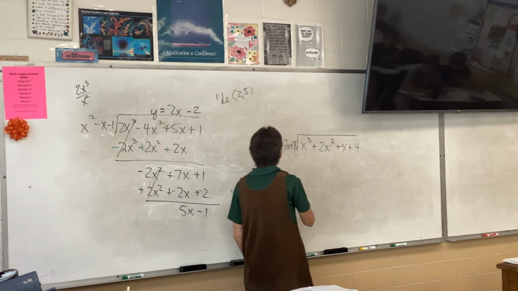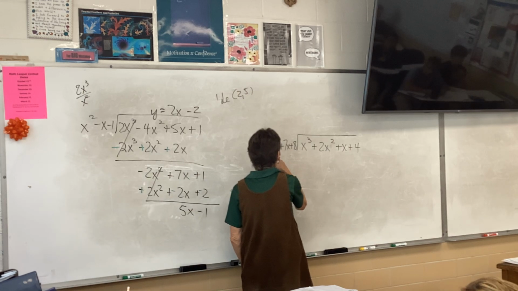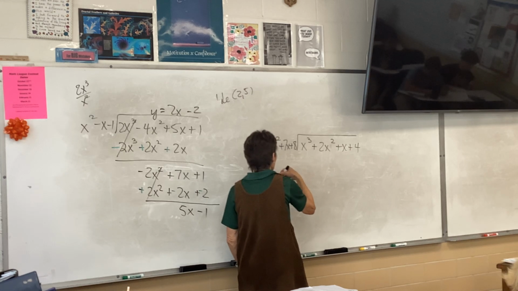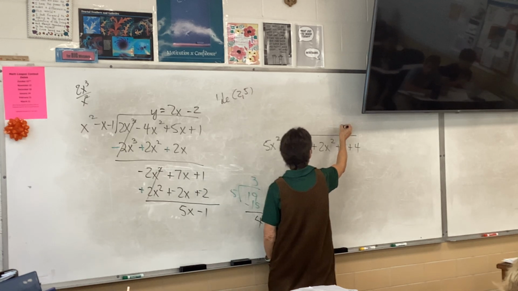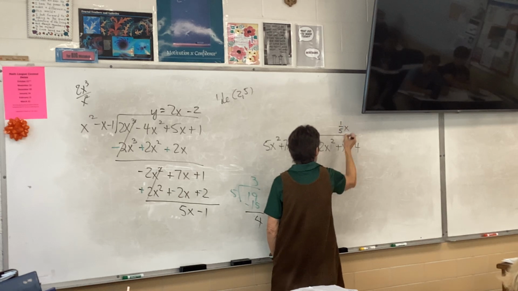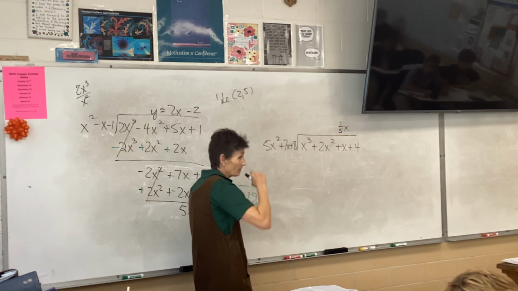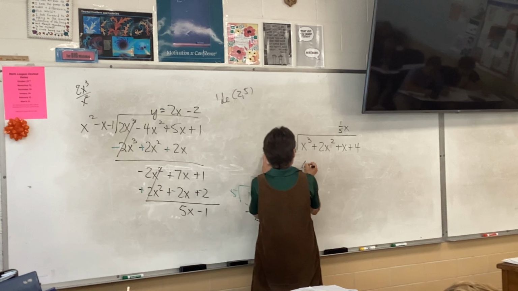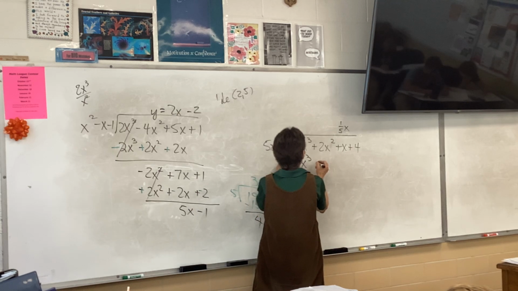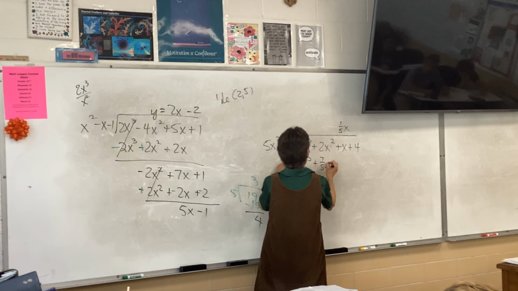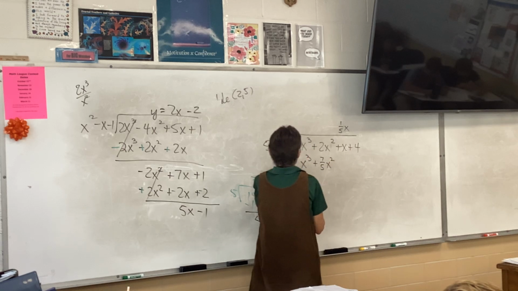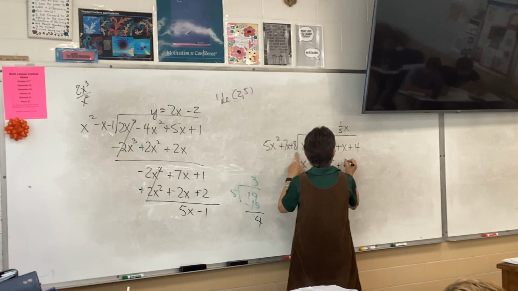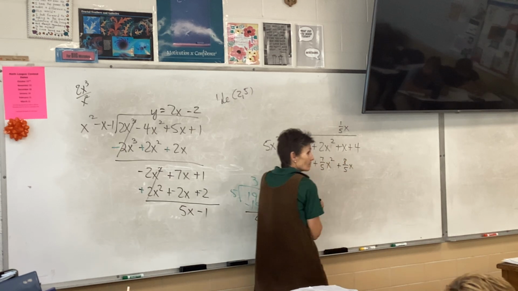So here we go. What do I need? I need to get from here to here, so I'm going to need to multiply by what? 1/5 x? So that's going to give me x cubed, 7/5 x squared, and 8/5 x.